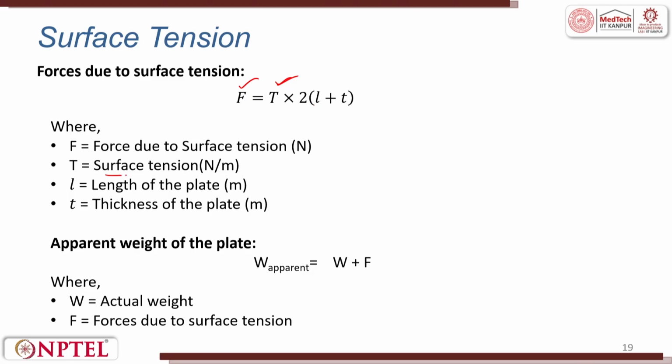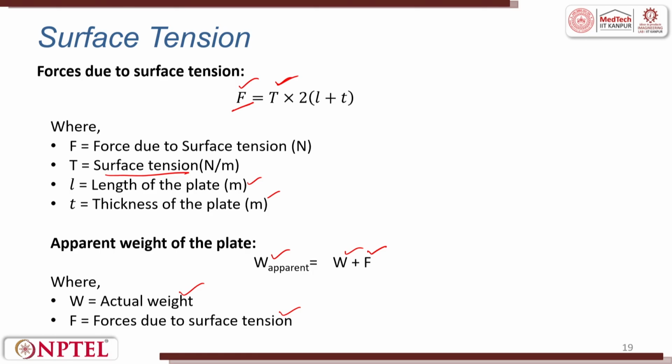F is force due to surface tension, and L and T are the length and thickness of the plate on which the surface tension is exerted. These are all given in meters here. Apparent weight of the plate: W apparent is W plus F, actual weight plus force due to surface tension. This is the apparent weight.